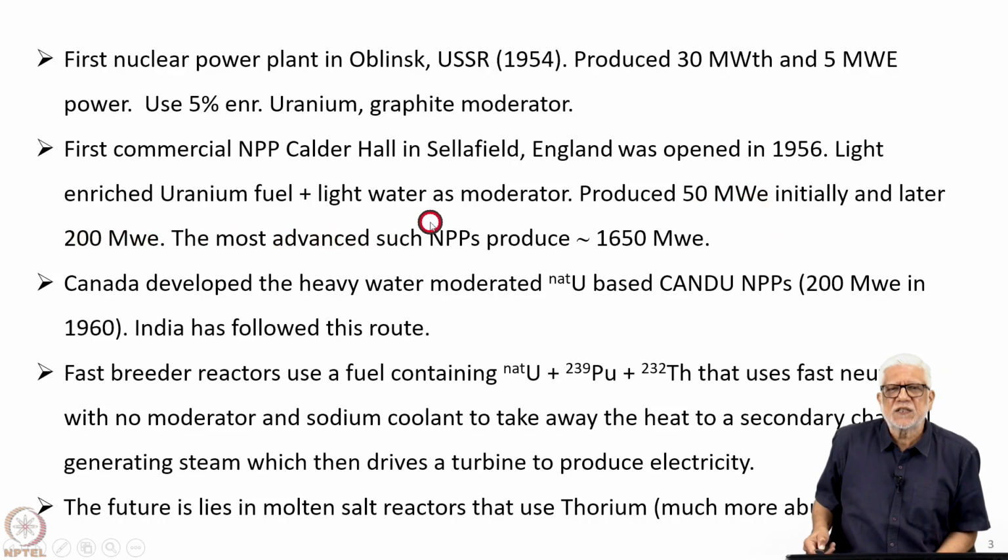The most advanced nuclear power plants at the present time produce about 1.65 gigawatt electrical of power. Canada developed the first heavy water moderated natural uranium based CANDU reactor, and it was about 200 megawatt electrical in 1960, and India has followed this route. We had a collaboration with the Canadians.